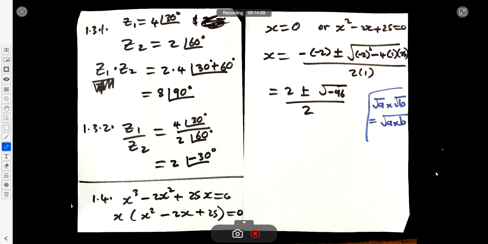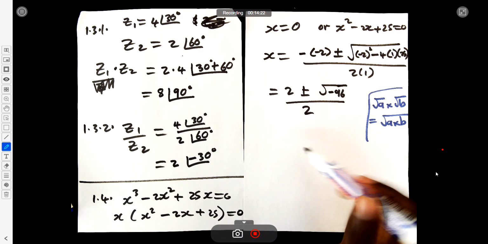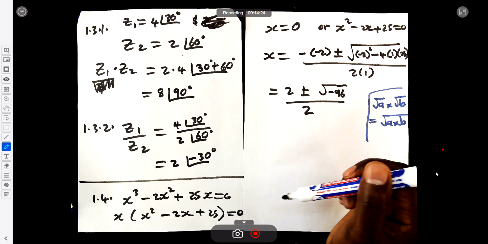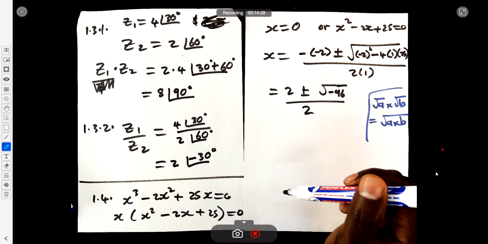We need to make sure that we know it's undefined. I saw a class writing "not applicable" when I was marking, but in class we emphasize that when you have a negative root, you can express the answer as a non-real number or in complex form.